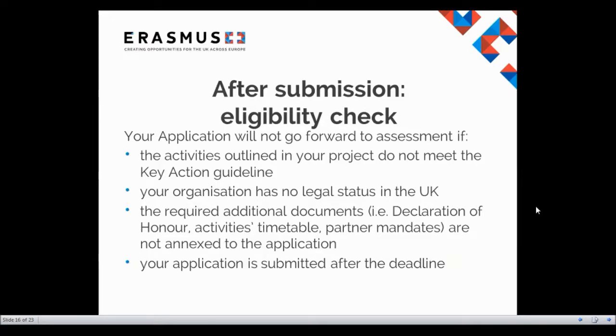On the slide, there are some examples, but please remember that this is not a full list. So, your application won't be eligible if your planned activities are not eligible under Key Action 1 Youth. Your application won't go through to qualitative assessment if your organization as applicant has no legal personality in the UK. Next to your application, there are a number of documents that need to be annexed, and these should not be missed.